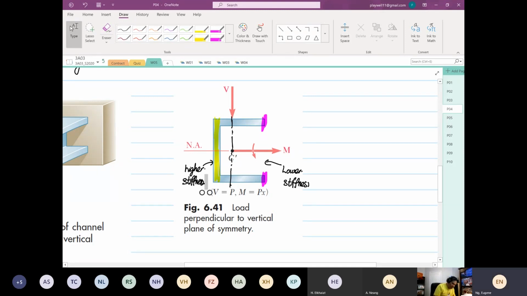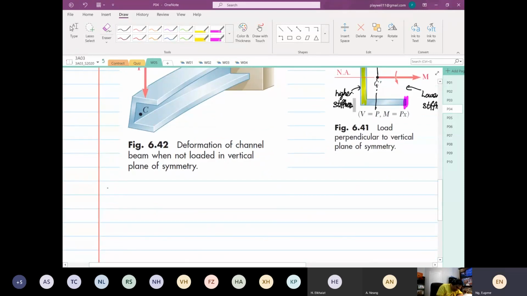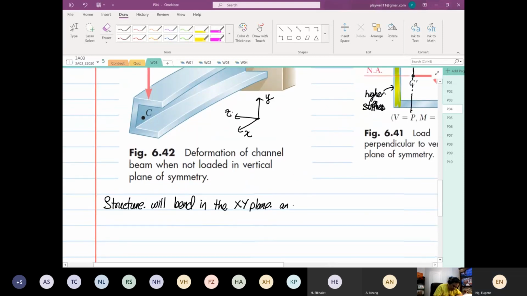So when that's the case, the structure, if I were to draw our transformation again, so this is your y, x, and z, the structure will bend still in the xy plane, and a twist about the x-axis.